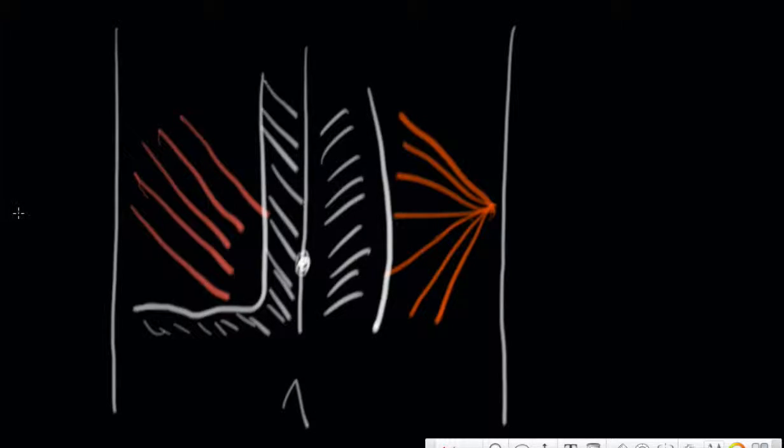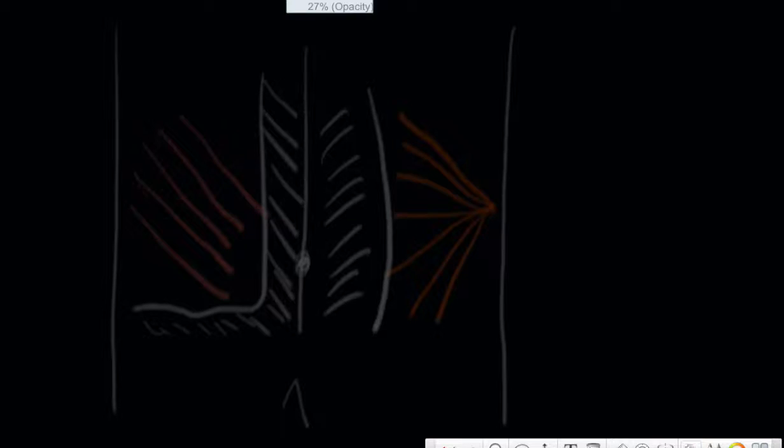So now that we've got those, I'm going to draw in the rectus abdominis muscle. This is the classic six-pack that everybody thinks about when they talk about abs.